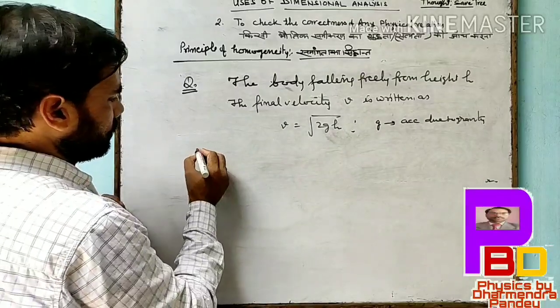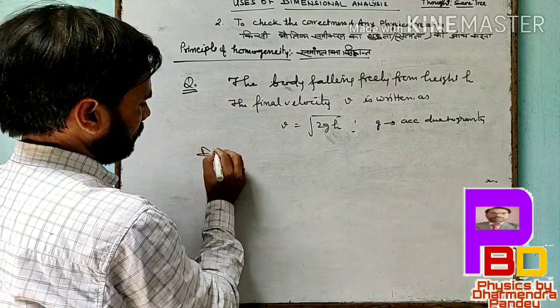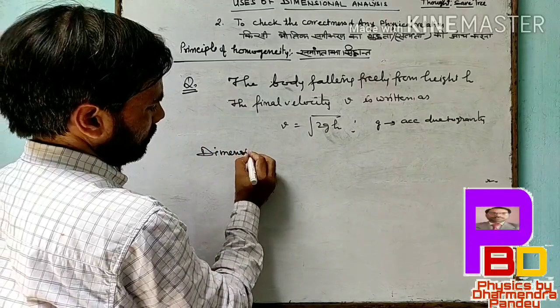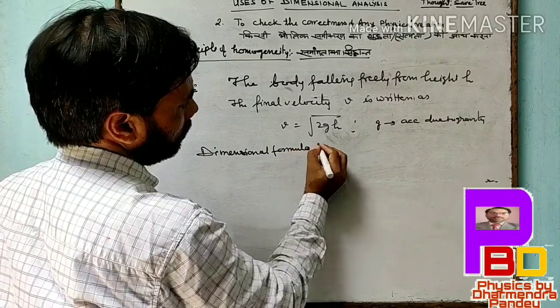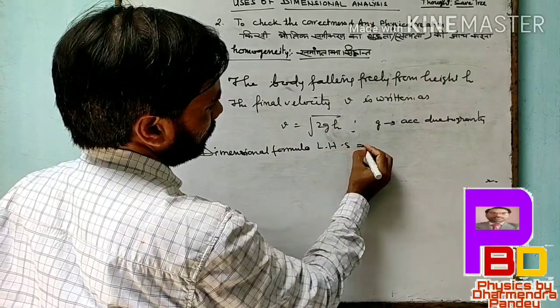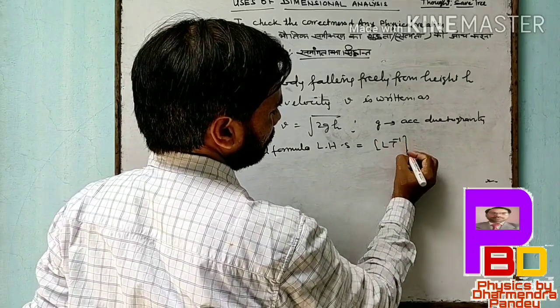For that, the dimensional formula of the left hand side, dimension of velocity, that is LT^-1.